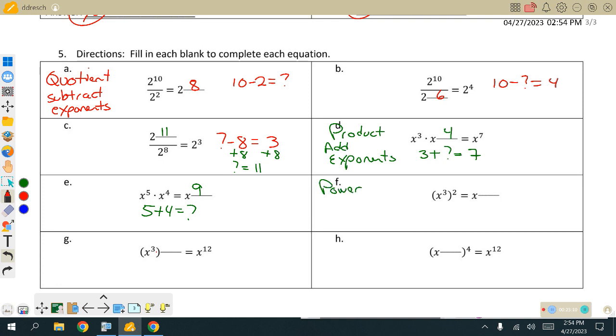And on our power rule, this is where we multiply. So we're trying to multiply here. 3 times 2 to give us something. As Bree just said up here, that gives us a 6.